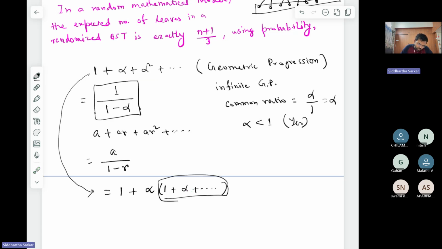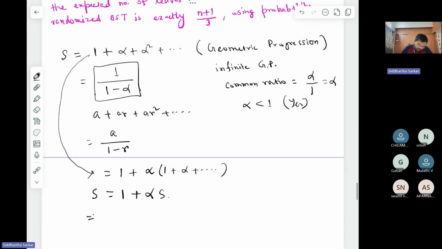This part is again nothing but what you started with. Let us say I call it S. So this is the series itself. So this is 1 plus alpha S. So S is equal to 1 plus alpha S. So S times 1 minus alpha is 1. So S is 1 by 1 minus alpha. So that's how you can get it. You understand?